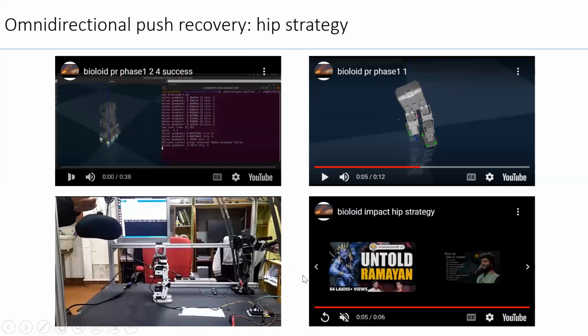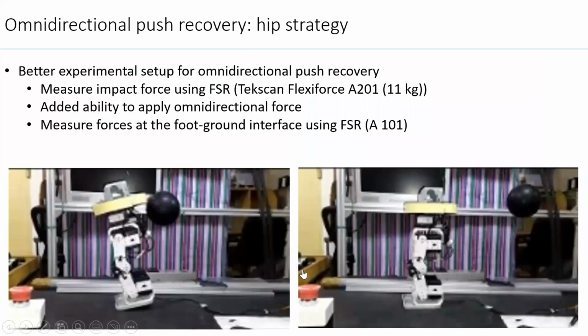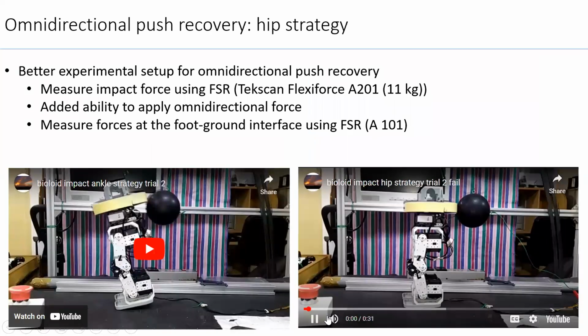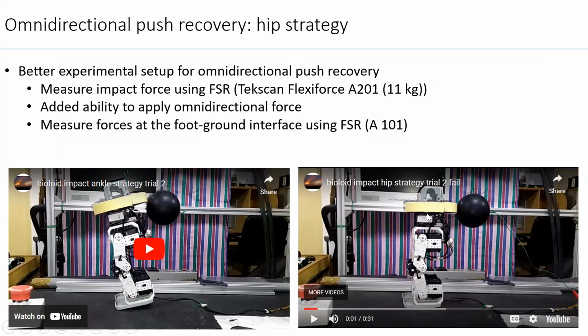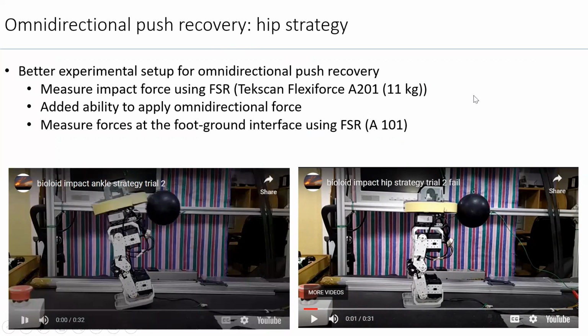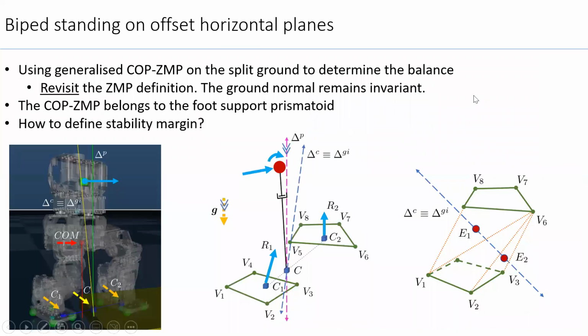To make this experiment more robust, we have now added the capability of applying force in any direction because of this ring that has been put around, and a crisp impulse can be given with this pendulum kind of setup. Calibrated FSRs are used to measure the impact force.